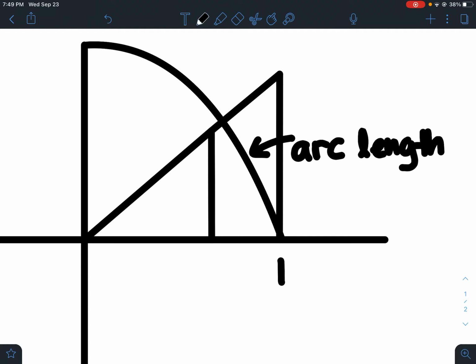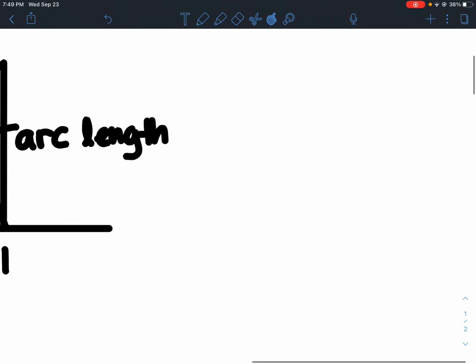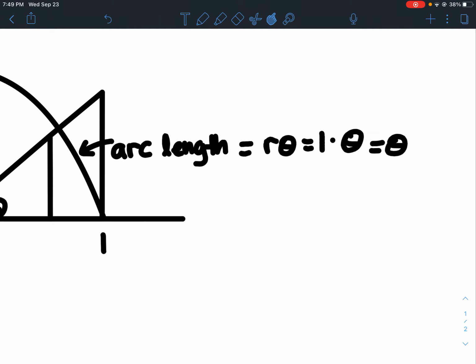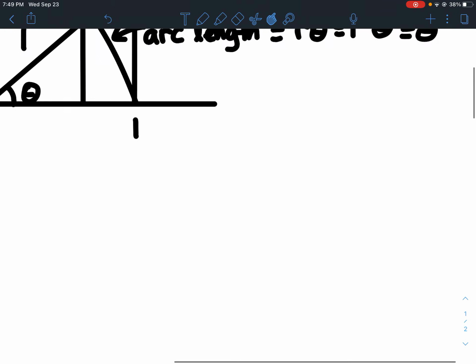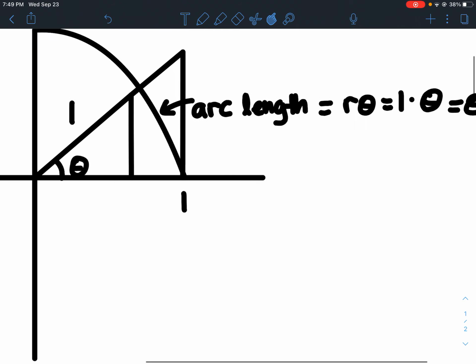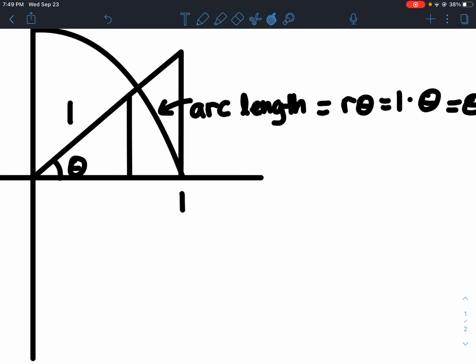So basically, this is 1. This is theta. And the arc length is equal to r theta, which is 1 times theta, which is equal to theta. The reason for that is the basics of the arc length. We know that s is equal to r times theta. Our radius was 1, and our theta right there is the angle we seek, right?